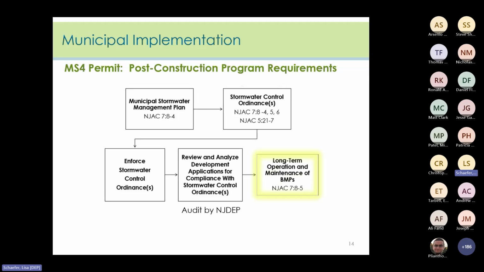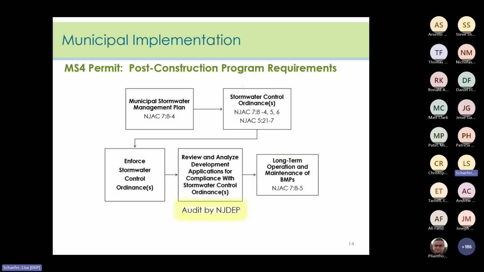The last box also applies to public complexes and highway agencies. Please note that this is not a one and done scenario. It's a cycle because the municipal stormwater plan must be updated periodically. Okay, or that is whenever the master plan is re-examined. So the cycle starts over.